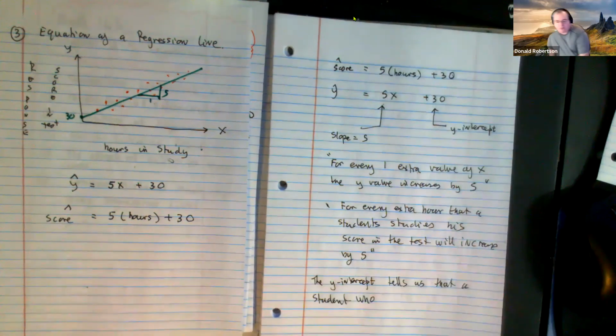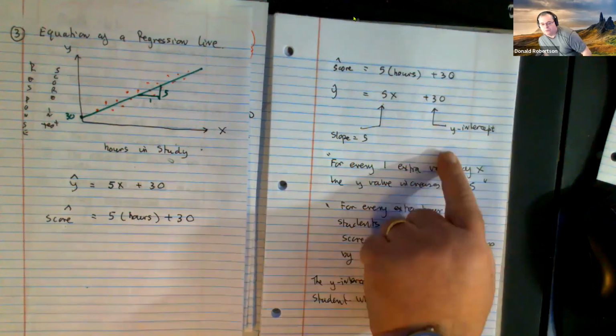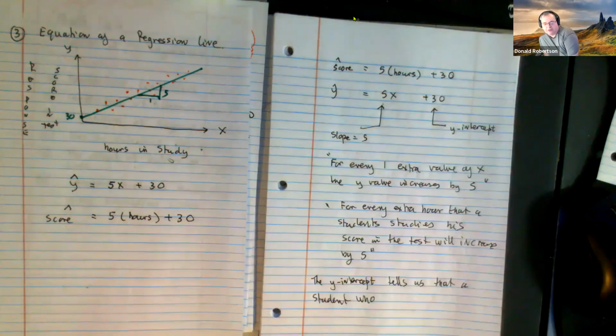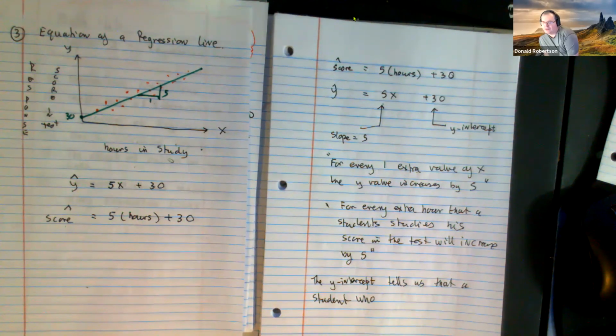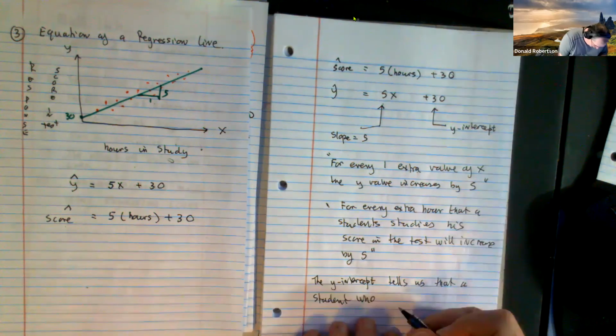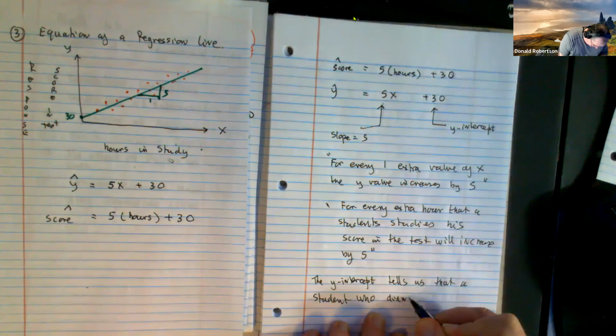Well, I'm kind of giving the answer away there. I'll try and phrase it without giving the answer. What's the y-intercept score of 30 telling me? What kind of student is it telling me about? They studied for 0 hours. Right, so that would be what a student who didn't study got. Would that make sense?